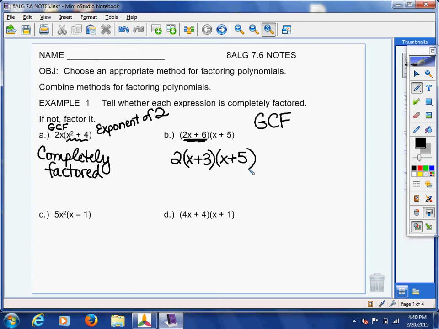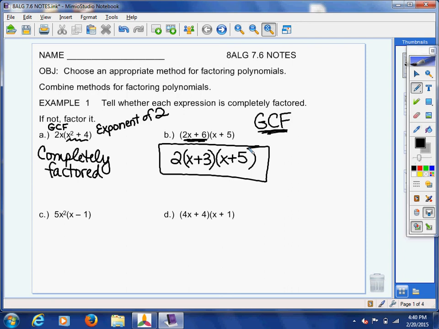If it doesn't have a squared variable, then look to see if the quantity has a GCF that can be pulled. And as long as the GCF is 1, you're done. Now we're done because we pulled all the GCFs out and fully factored it. And that's as good as I can get it. All the other quantities, x plus 5 and x plus 3, only have a GCF of 1. So we're done.